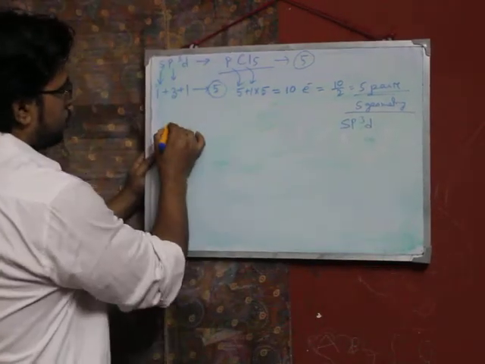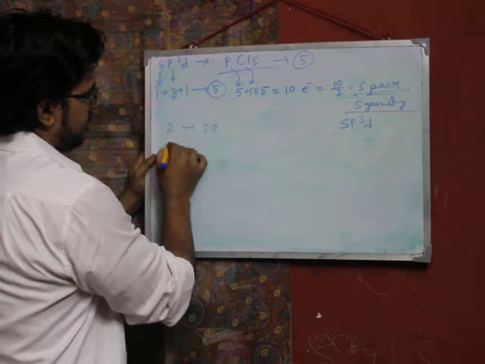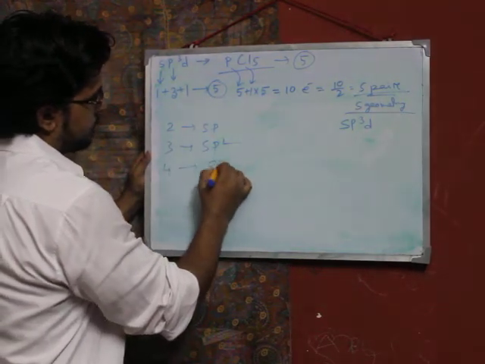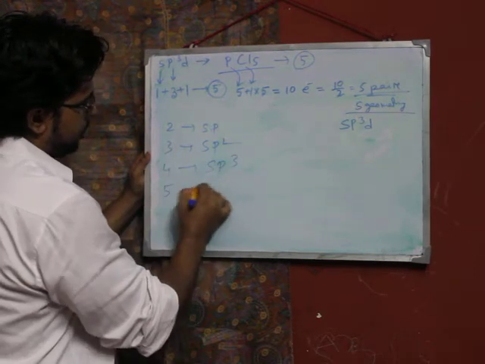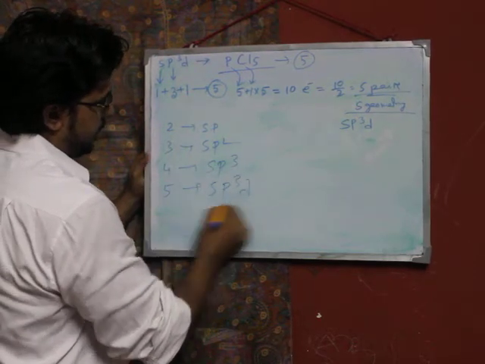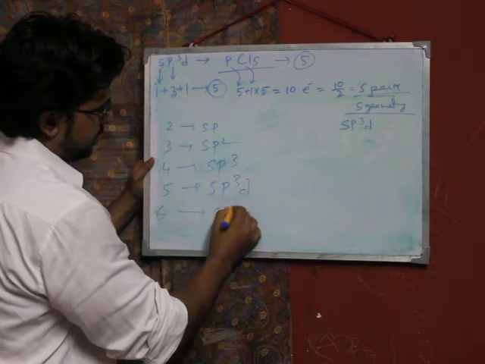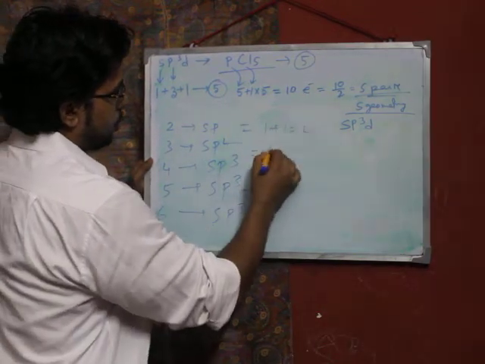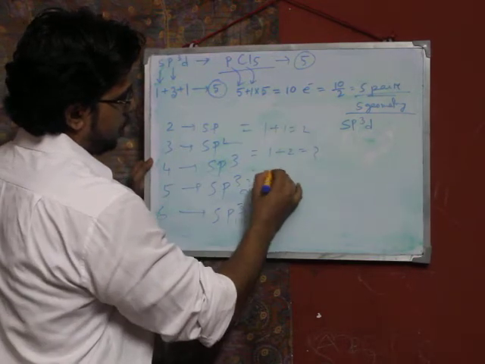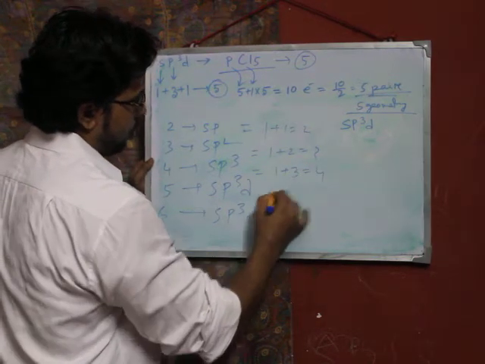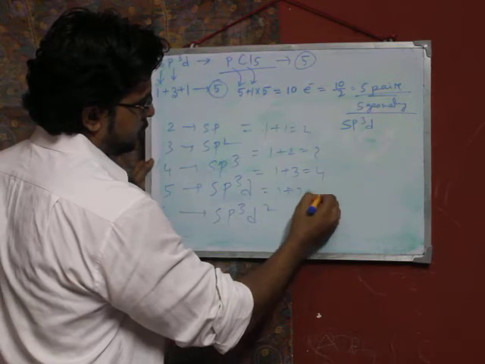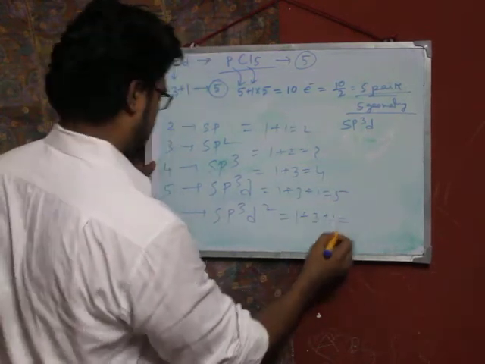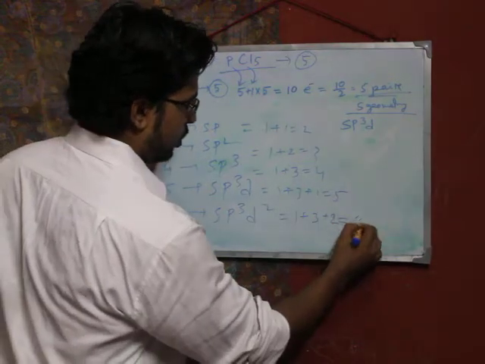2 geometry means sp. 3 geometry means sp2. 4 geometry means sp3. 5 geometry means sp3d. 6 geometry means sp3d2. Okay, 1 plus 1 is 2, 1 plus 2 is 3, 1 plus 3 is 4, 1 plus 3 plus 1 equals 5, 1 plus 3 plus 2 equals 6.